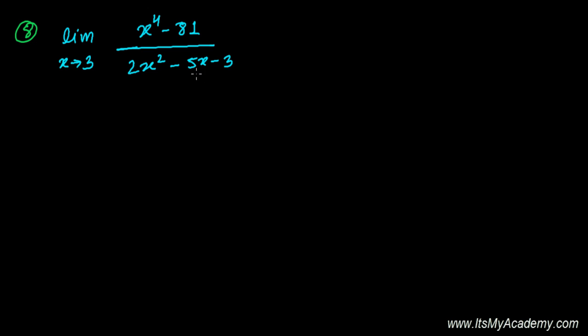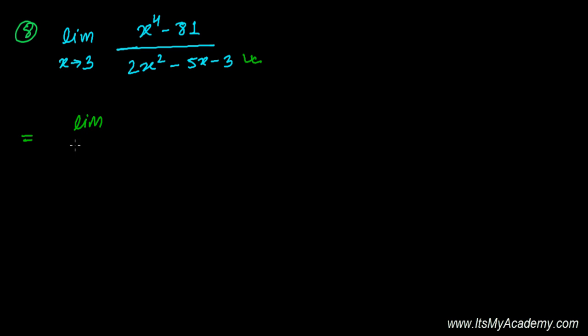This is again a quadratic equation, and whenever you get quadratic or cubic, most of the time you have to factorize that so that you can cancel some portion in numerator as well as in denominator. So we are going to factorize this and then we'll see whether we can cancel a few things with the numerator or not. Let's do the same.